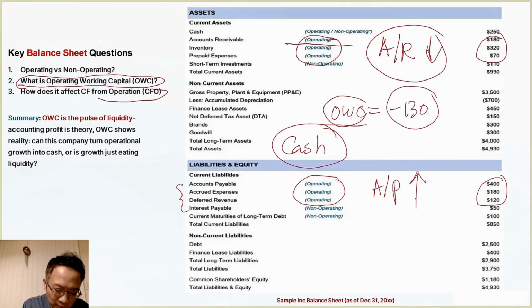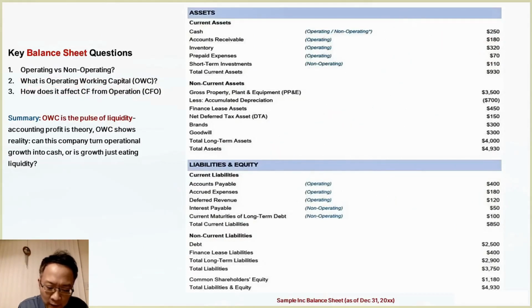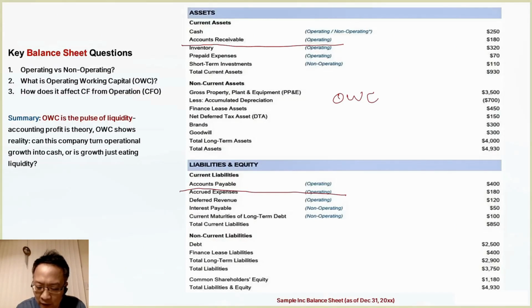The cash flow from operations is very closely related to this. This is in line with the intuition from accounting, which basically means that the lower your accounts receivable, the better, and the higher your accounts payable, the better. In other words, if your OWC keeps decreasing, CFO, cash flow from operations, is actually getting better and better. You can think about the logic behind this.